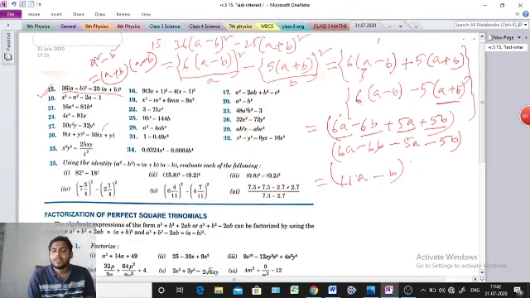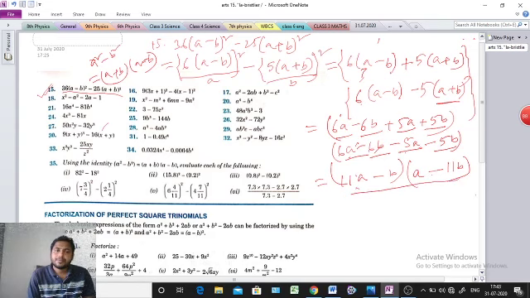Okay. Next, 6a minus 5a is only a. And minus 6b minus 5b is minus 11b. Clear or not? Minus 6b minus 5b is minus 11b. Clear? So this is the answer.